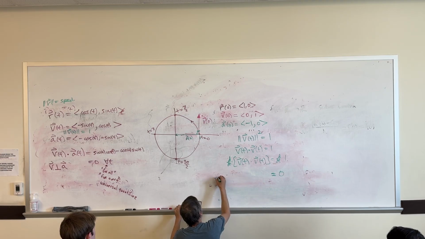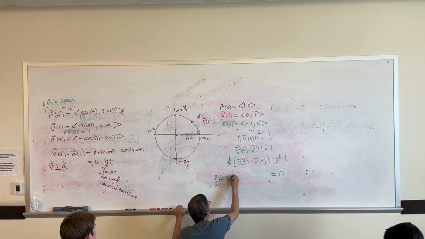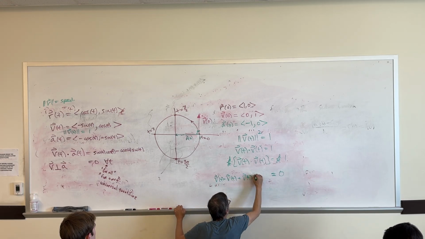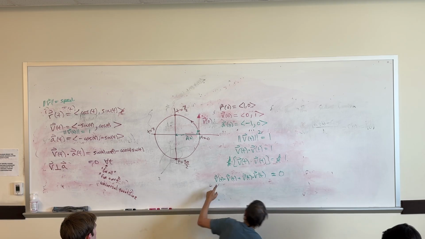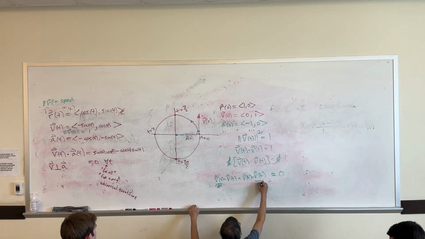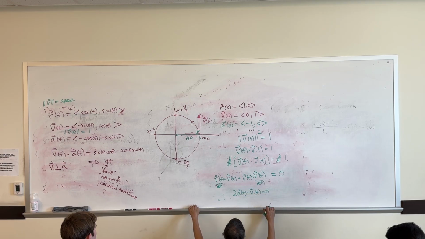So that is v prime of t times v of t left alone, plus v of t left alone dotted with v prime of t. Well, those two are the same, and this is actually the acceleration at time t, right here. So notice that the left-hand side is just 2 times the acceleration vector dotted with the velocity vector, and that's equal to 0. Divide both sides by 2.